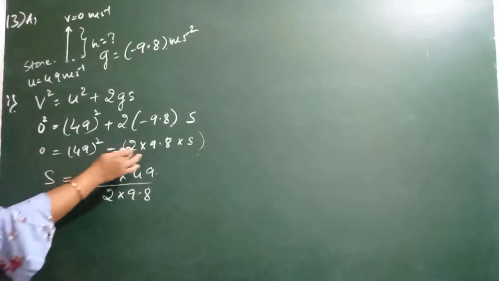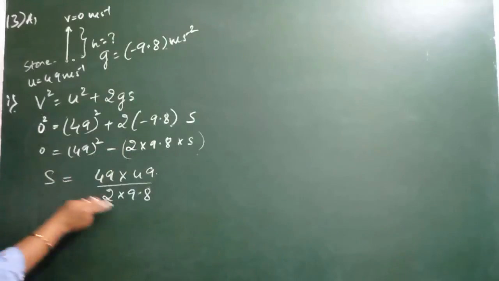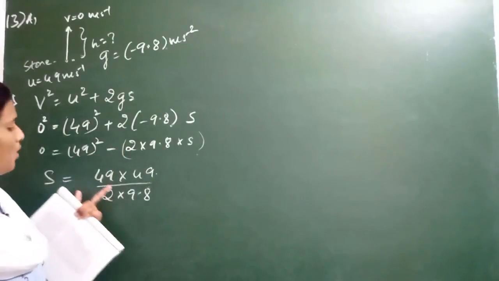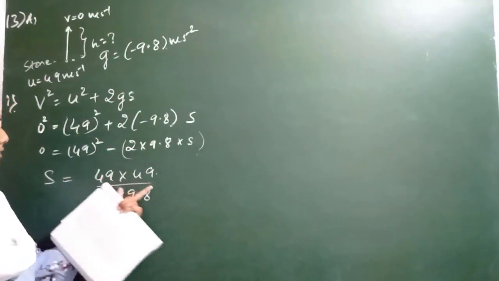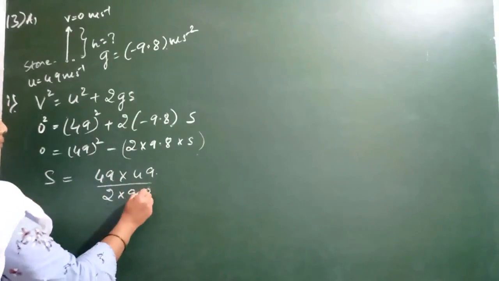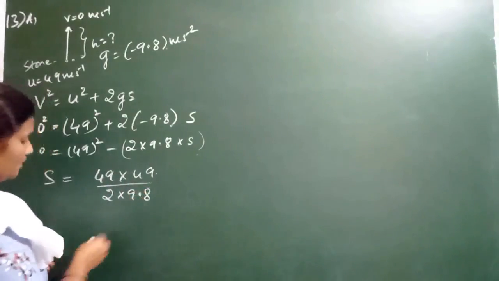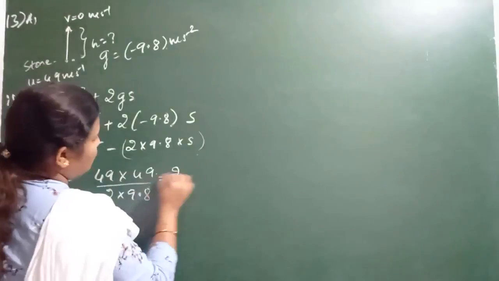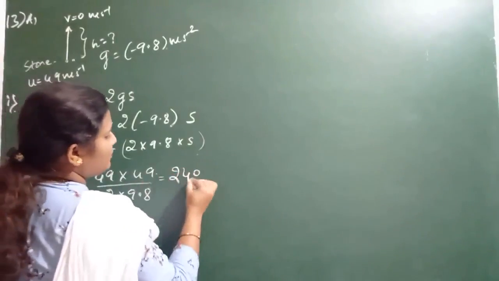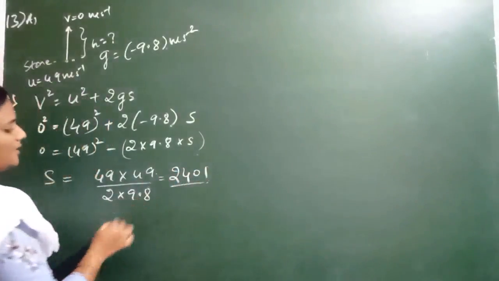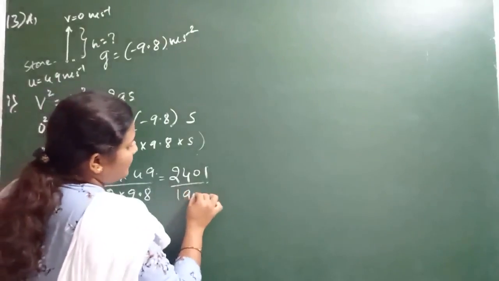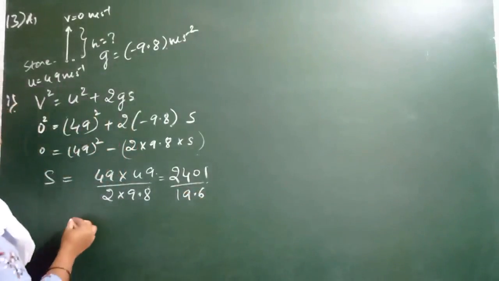This side all 2 into 9.8 will be there. If it goes to the denominator, it is 49 square. It can also be written in this way. Now 49 square means 2401 divided by 19.6. Isn't it, children?